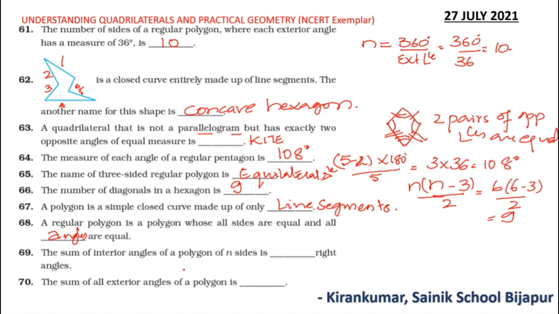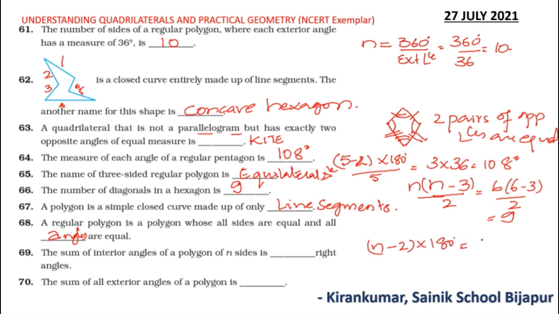Question 69. The sum of interior angles of a polygon of n sides is dash right angles. For interior angles, we know the formula (n minus 2) times 180 degrees.